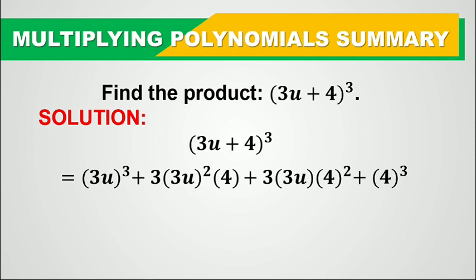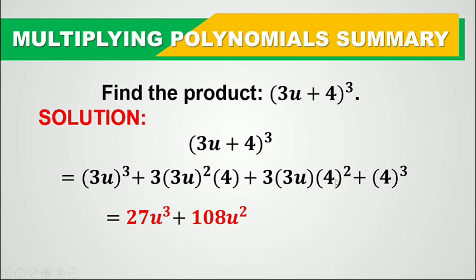So quantity 3u cubed, that's 27u cubed. And then 3 times 3u squared times 4: 3u squared is 9u squared, times 4 that's 36u squared, and then times 3, that's 108u squared. And then plus 3 times 3u, that's 9u, and then 4 squared, that's 16.